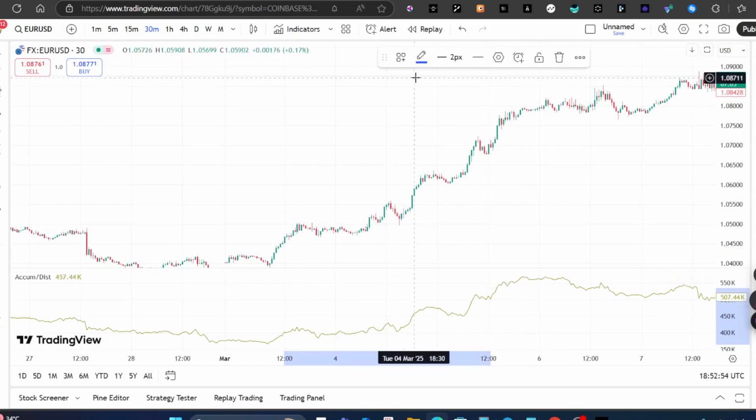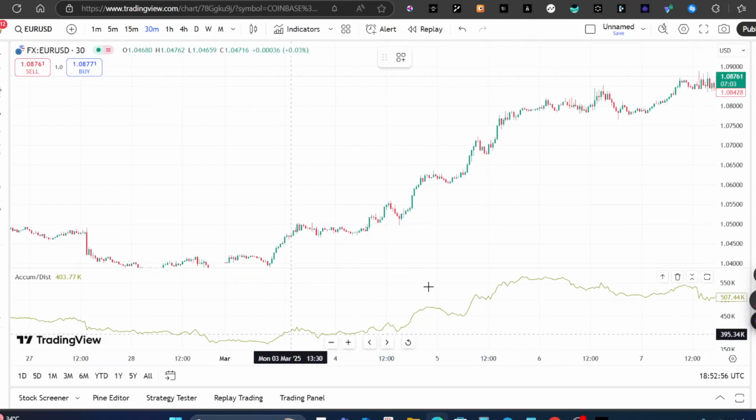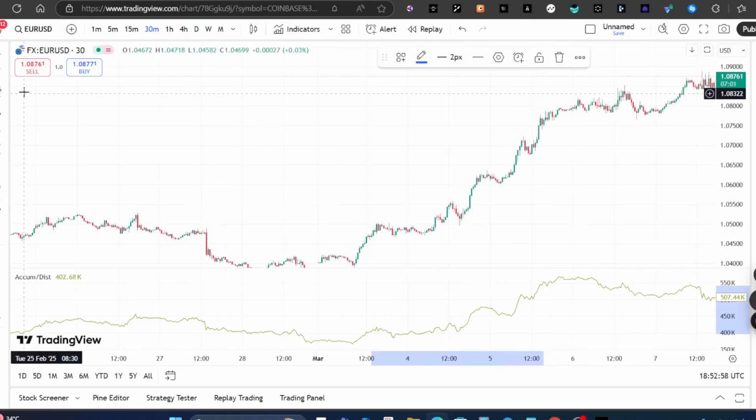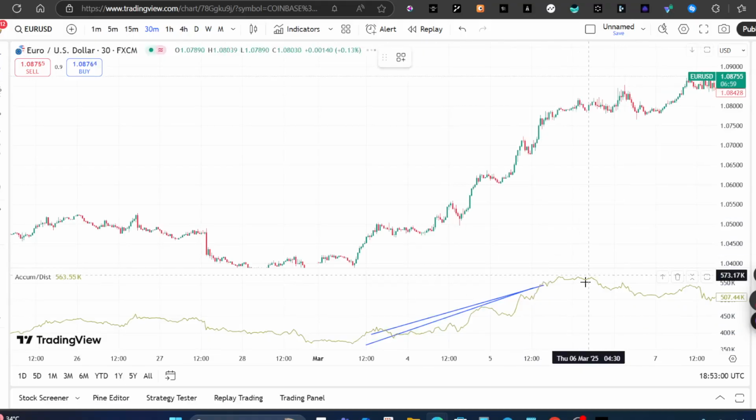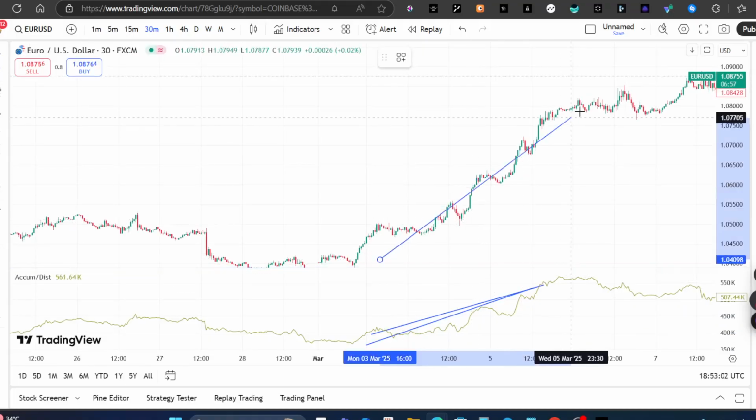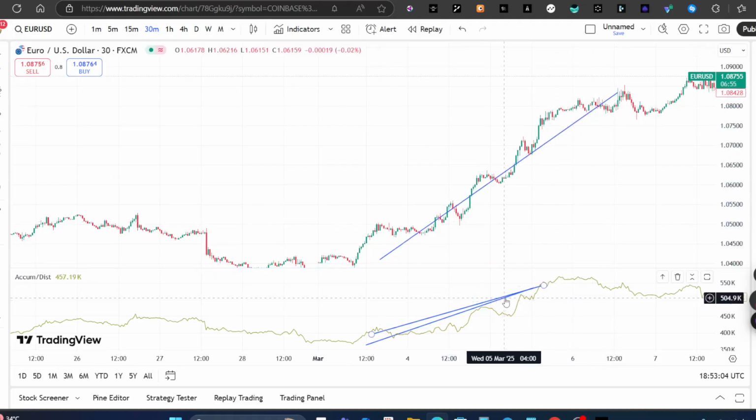It indicates buying pressure. All right, so you can see, like at this point, when the AD line was trending higher, there was actually significant buying pressure.